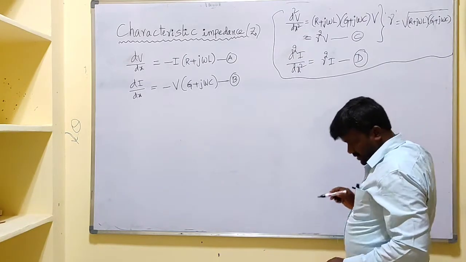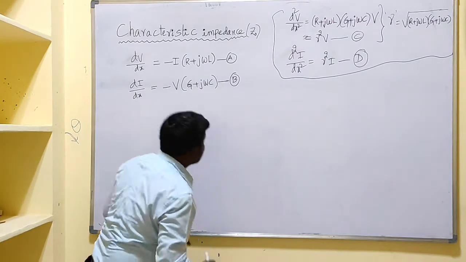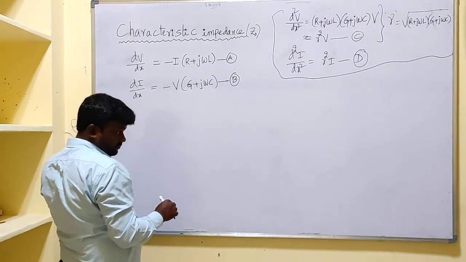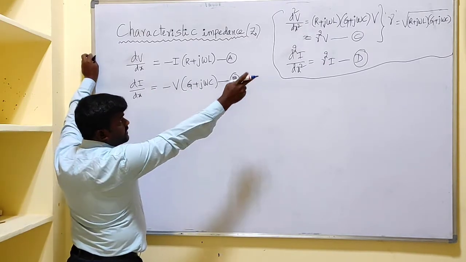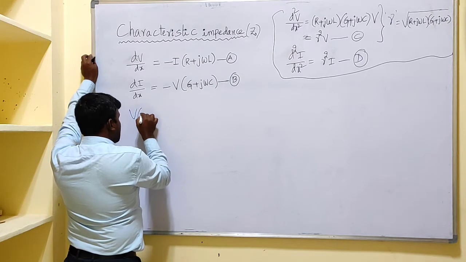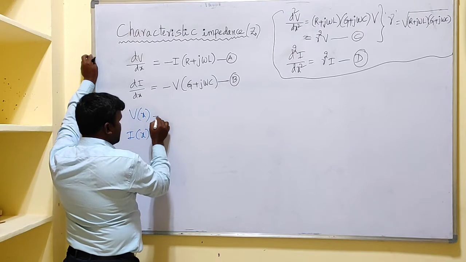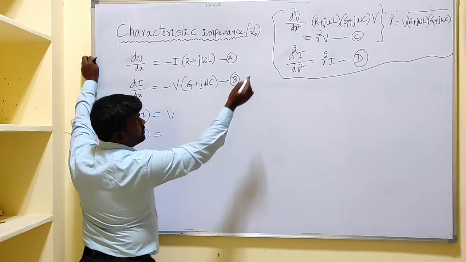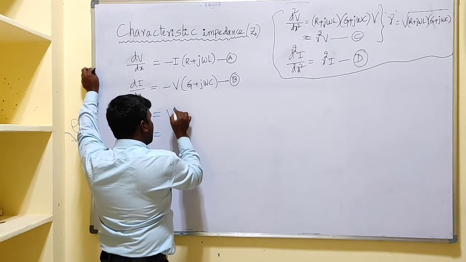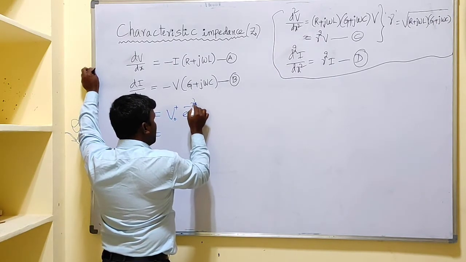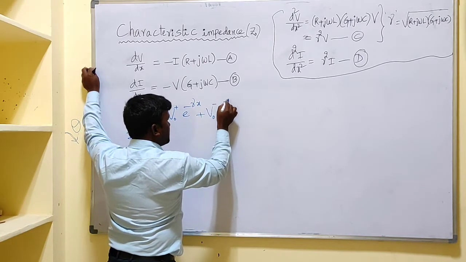The solutions of equation C and D are given by the voltage and current on the transmission line. That is, V of x, the solution of d square V by dx square equal to gamma square V, is given by V0 plus into e to the power minus gamma x plus V0 minus into e to the power gamma x.